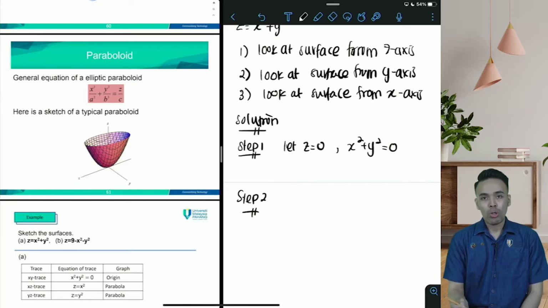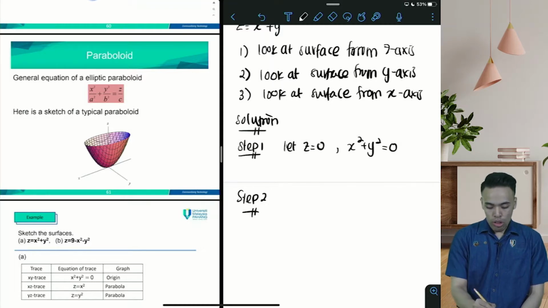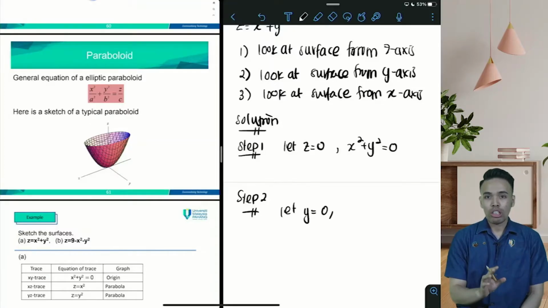And then you go to step number 2. When you look at your surface from the y direction, or y-axis, it will be mapped onto the xz plane, and you will know for sure that y is equal to 0, because on the xz plane there is no variable y, hence we assume y is equal to 0.